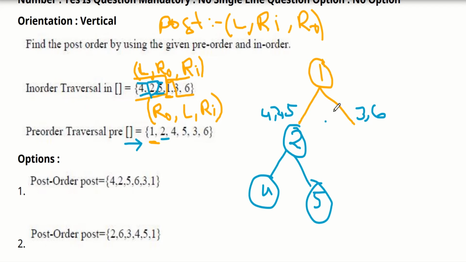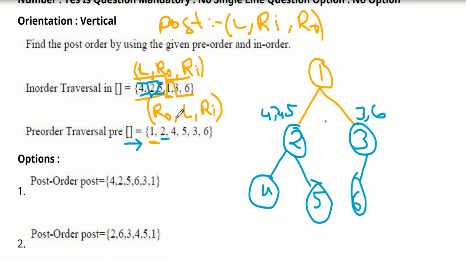And now here we will see we are having 3 6, and which is the root node and which is the child node. We can find it in this way. If you see 3 6 4 5, 3 is coming first, so 3 will be the parent node and next 6 comes as the next node.